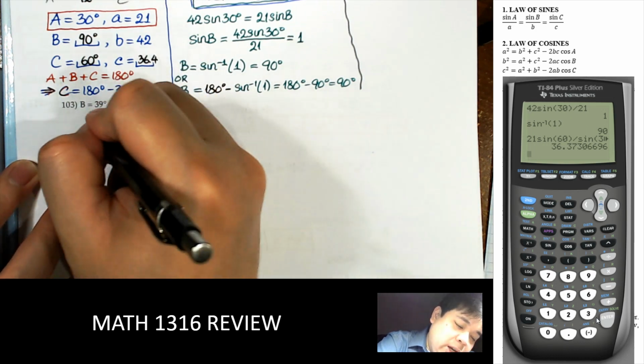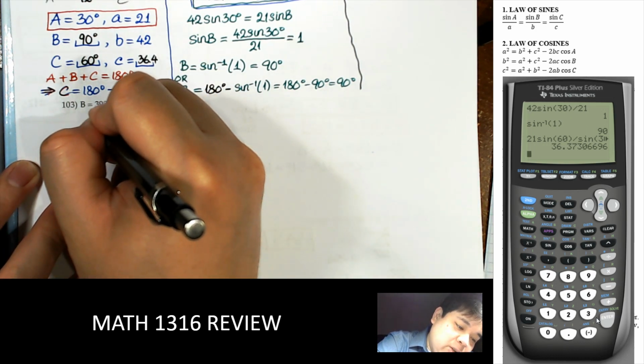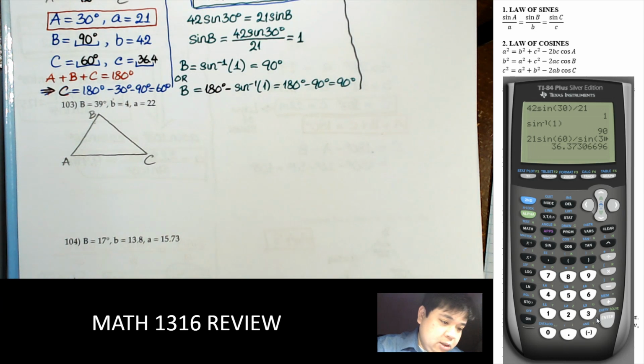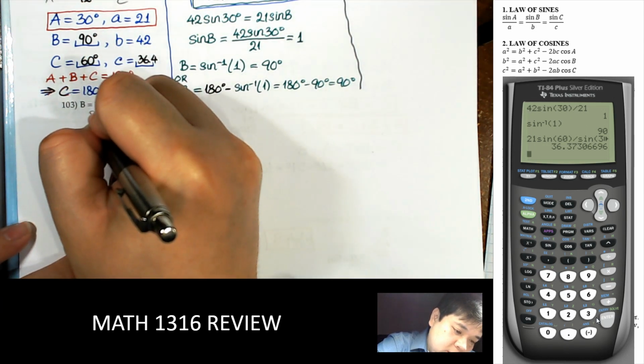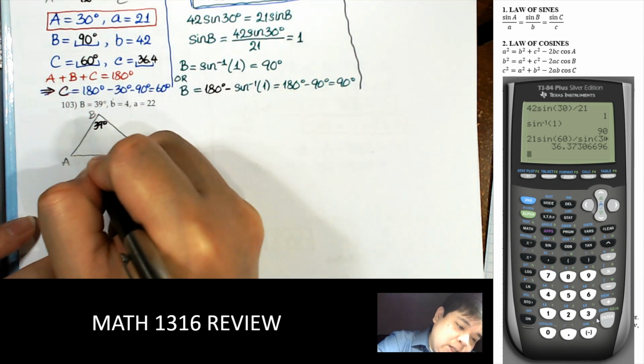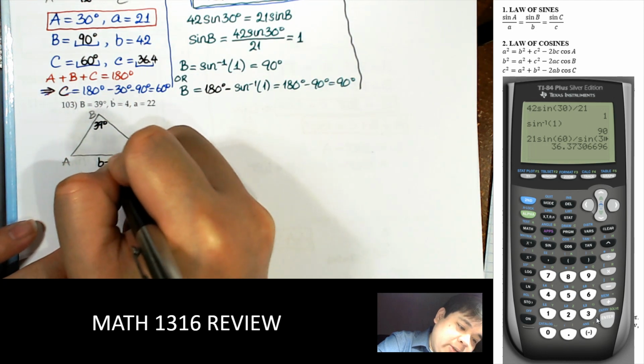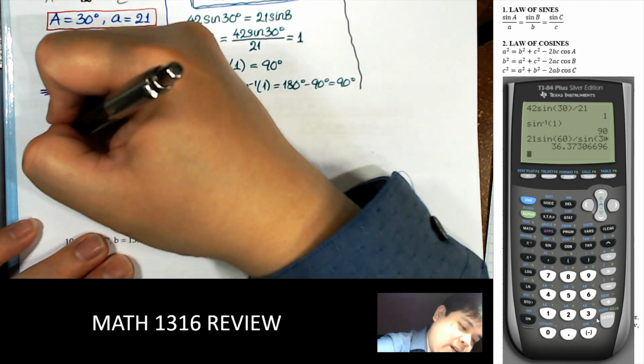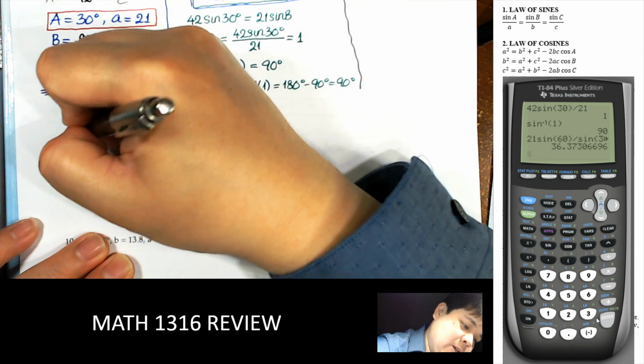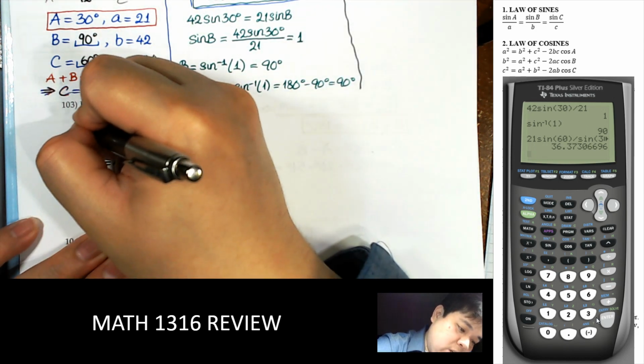Right, so this one we have angle B 39 degrees, side b is 4 and side a is 22.